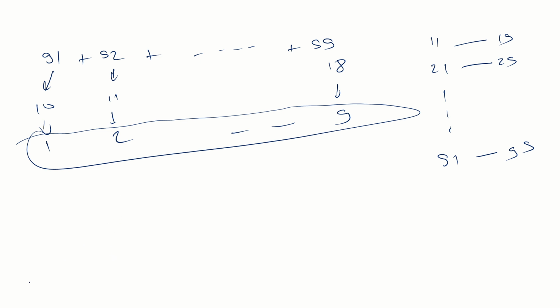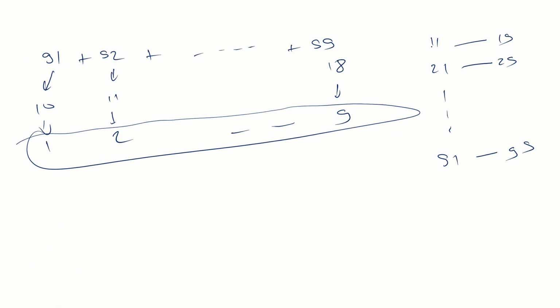So can I write it in that format? We will start from 9 because there are 9 terms here: 1, 2, 3 up till 9. And we will get the summation of 1 plus 2 plus 3 up till 9. In the same way, we'll get it in the opposite direction as well.